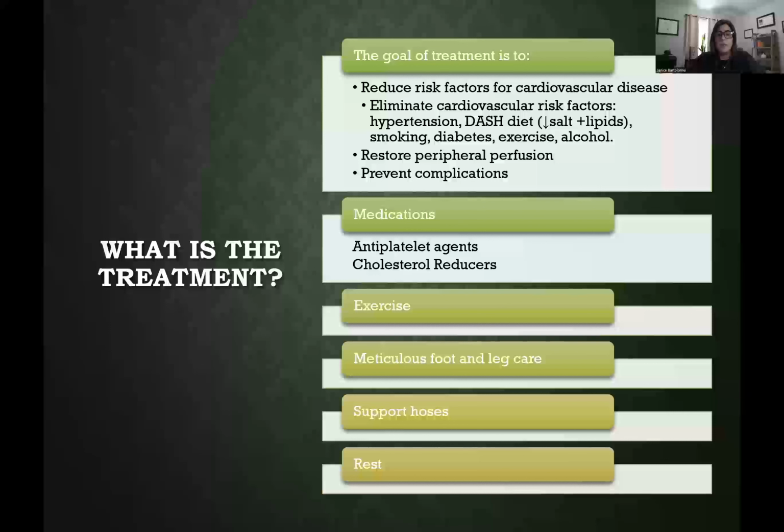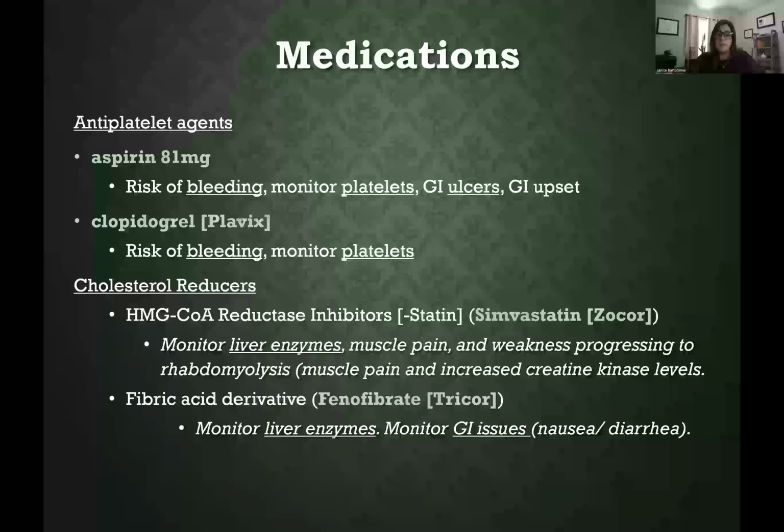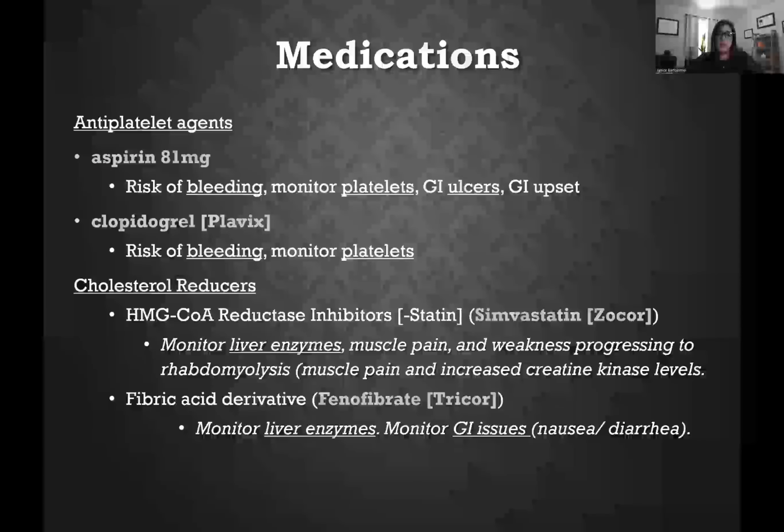There is a medication therapy, pharmacological therapy, that involves antiplatelet agents and cholesterol reducers. The antiplatelet agents that we focus on are two medications. Aspirin, 81 milligrams. We call it a baby aspirin.